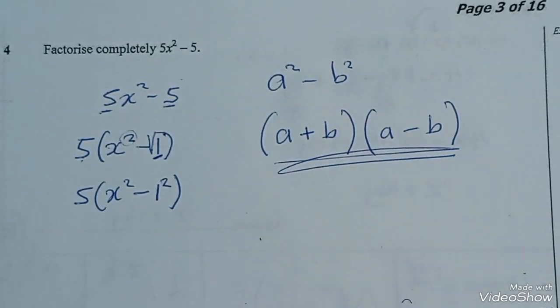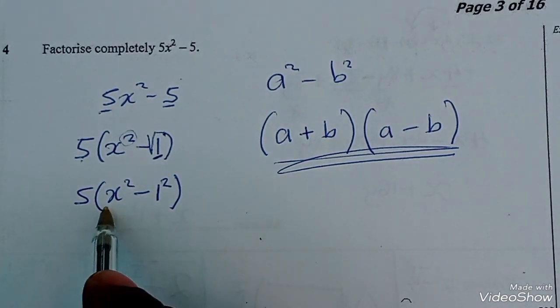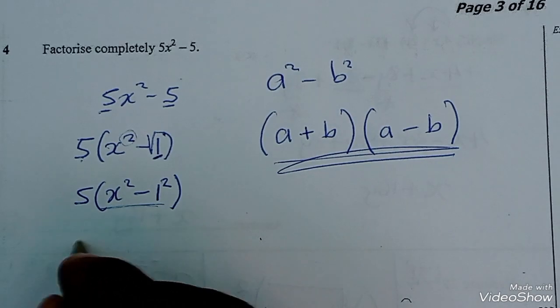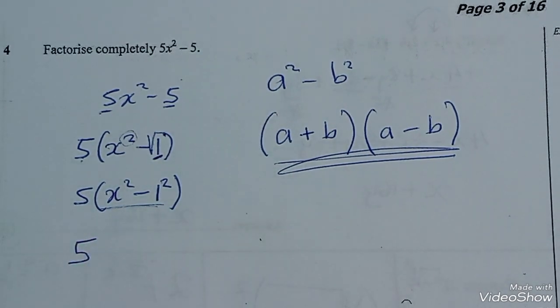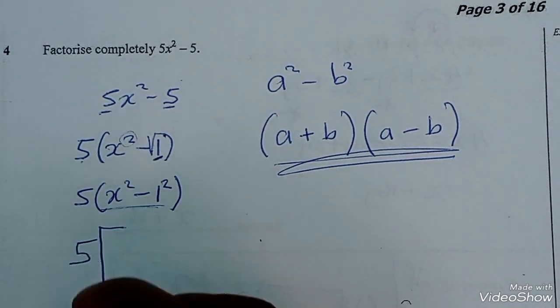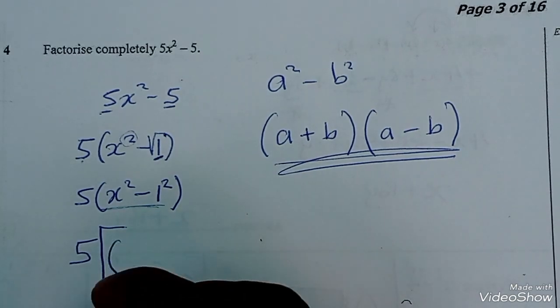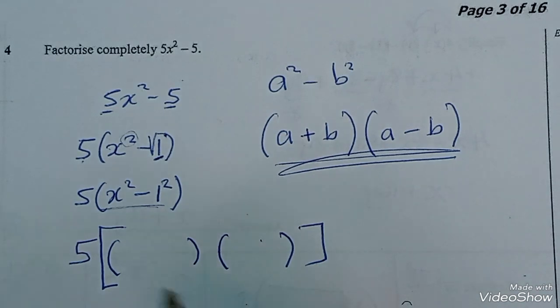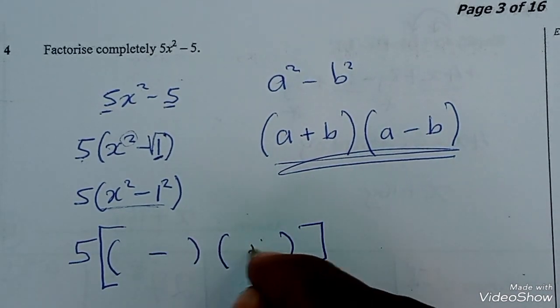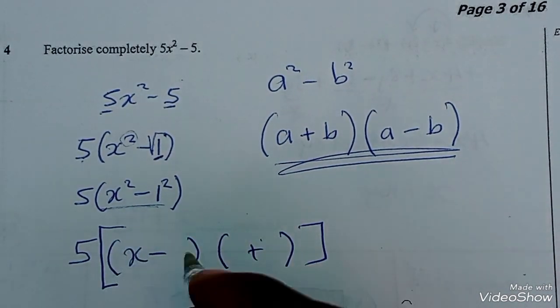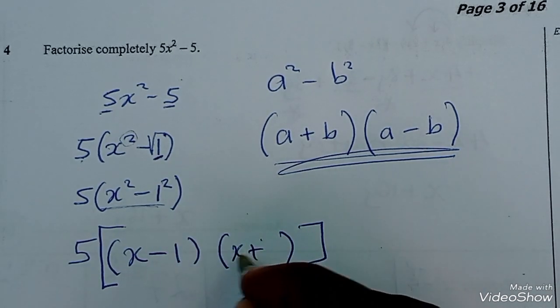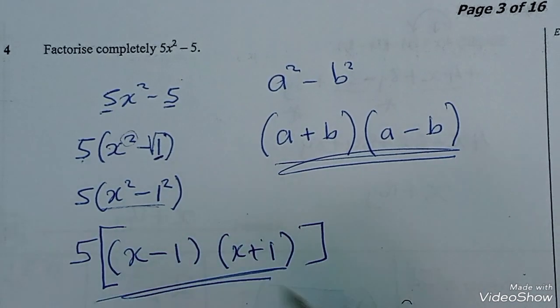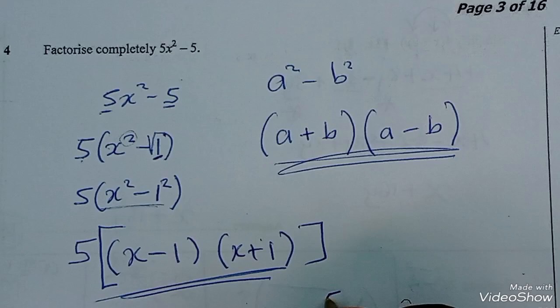There is no problem which side the minus or plus goes, it is just the same. So we are going to apply the same formula here. So we have 5, we introduce square brackets, then two pairs of brackets, here minus, here plus. So we have x minus 1, x plus 1. That is the final answer.